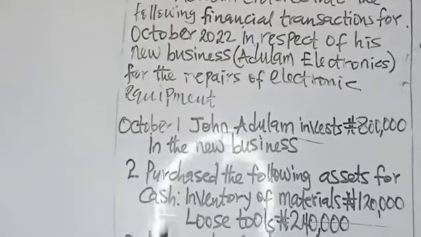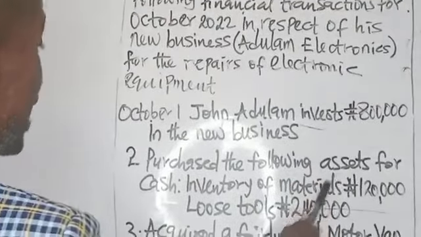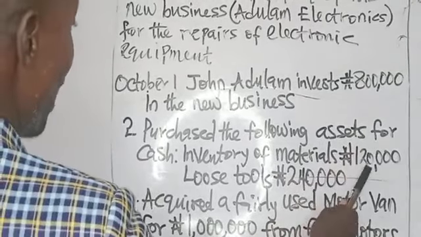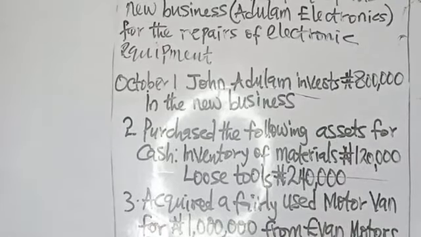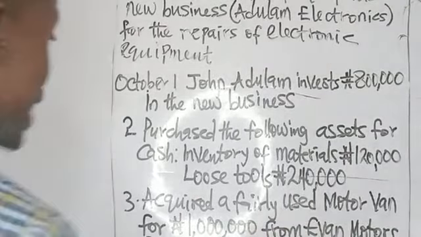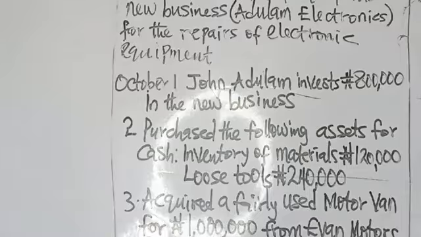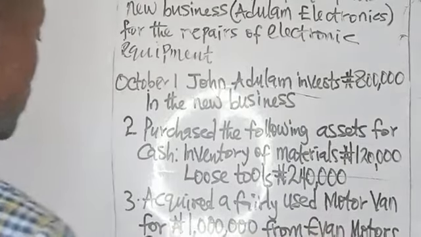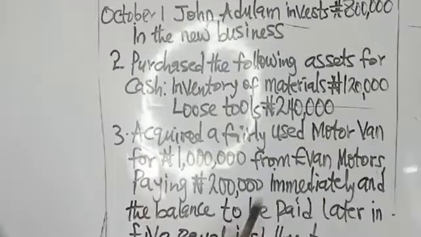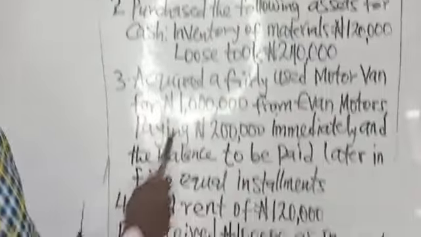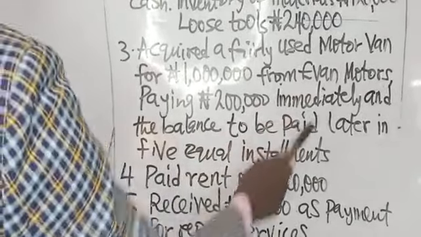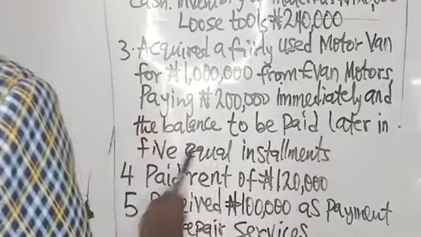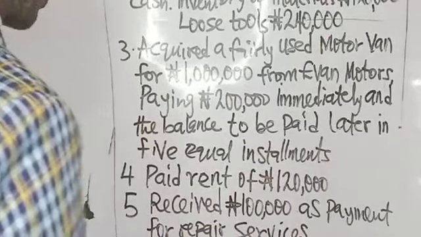October 2nd, purchase the following assets for cash. Inventory of materials, 120,000 naira. Loose tools, 240,000 naira. October 3rd, acquired a fairly used motor van for 1 million naira from Evan Motors, paying 200,000 naira immediately, and the balance to be paid later in 5 equal installments.